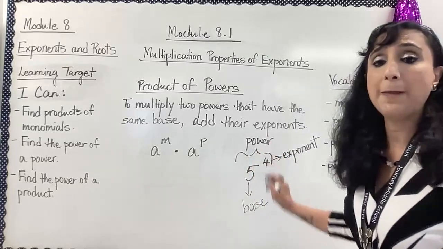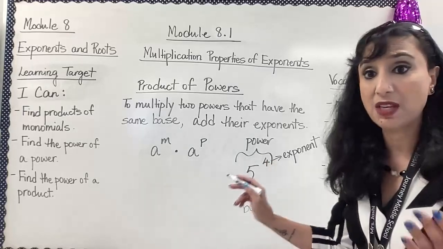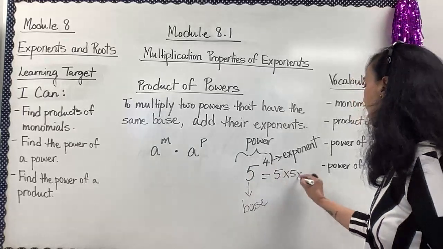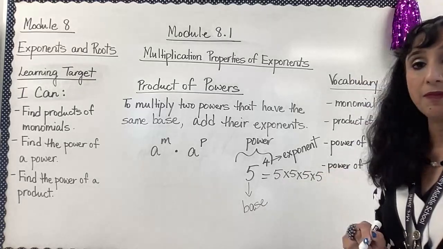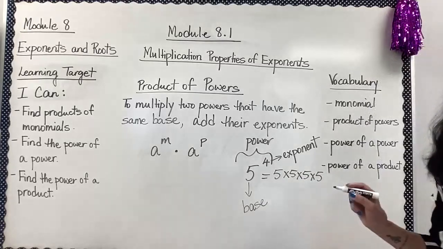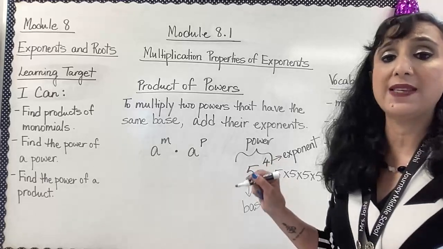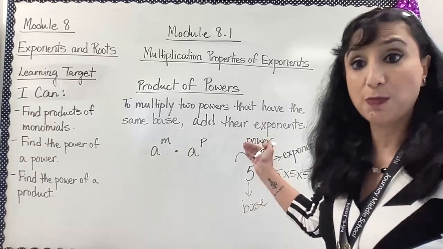That means my base is going to be a factor how many times? 4 times. This means 5 times 5 times 5 times 5. Now let's look at the product of powers. To multiply two powers that have the same base, add their exponents.